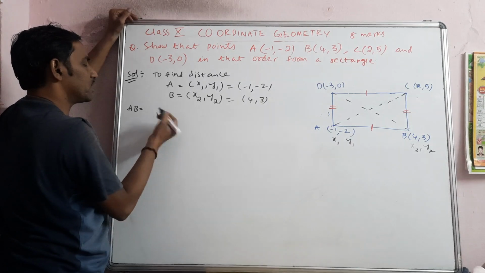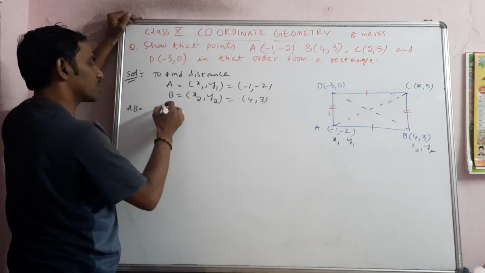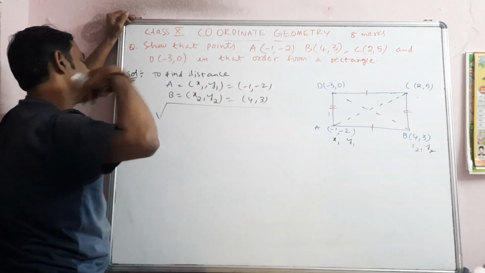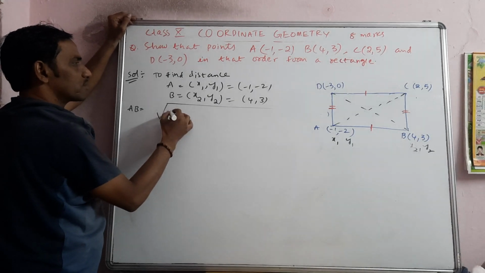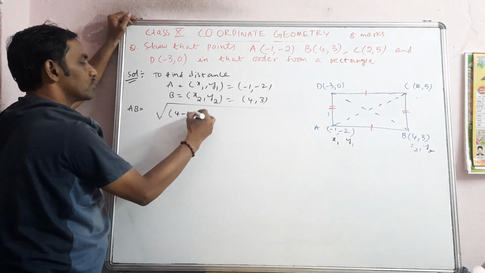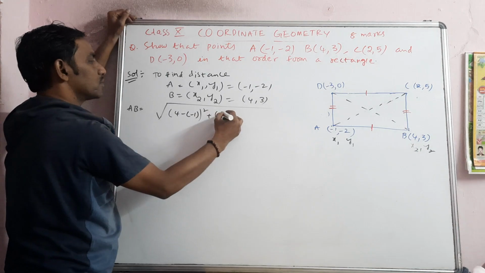The distance formula we already wrote, so no need to write again. Now the distance formula: x2 minus x1, so 4 minus of minus 1 whole square, plus y2 minus y1.